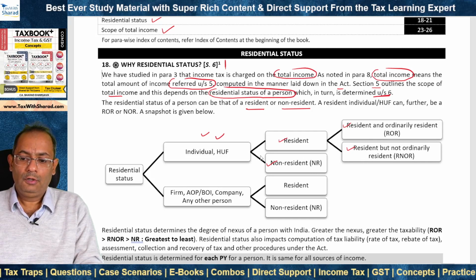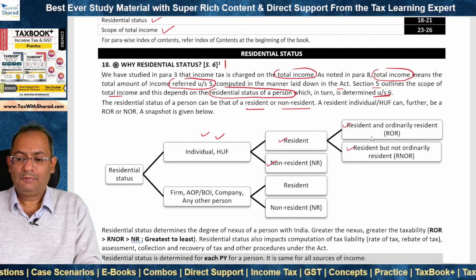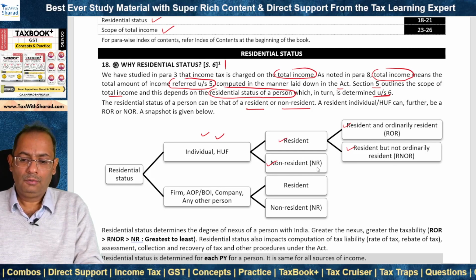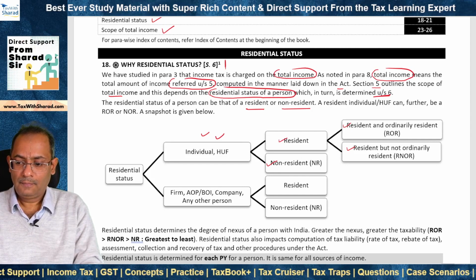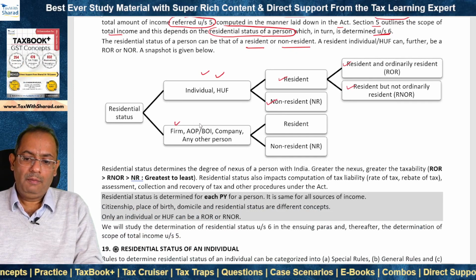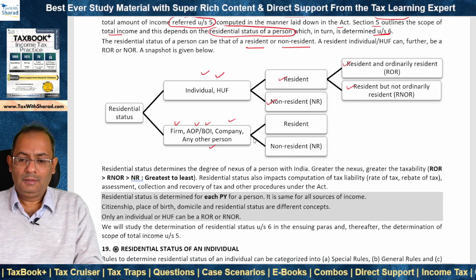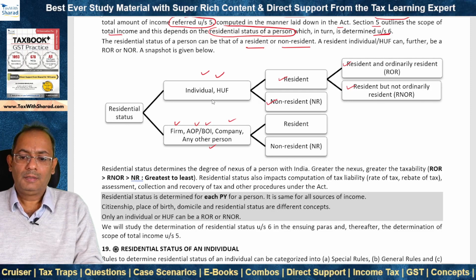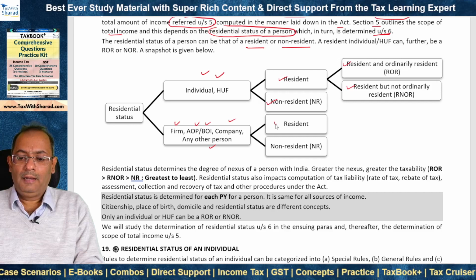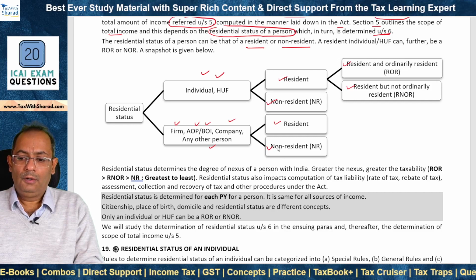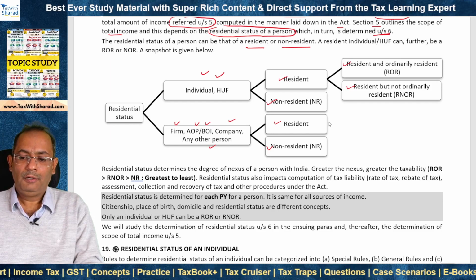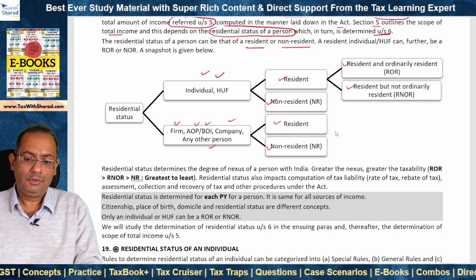So in the case of an individual or HUF, a resident can be further classified as ROR or RNOR, and the individual or HUF can also be a non-resident. A firm, AOP, BOI, company or any other person, that means all persons except individual or HUF, can be classified as a resident or a non-resident. The concept of ROR and RNOR is not applicable to a person who is not an individual or HUF.